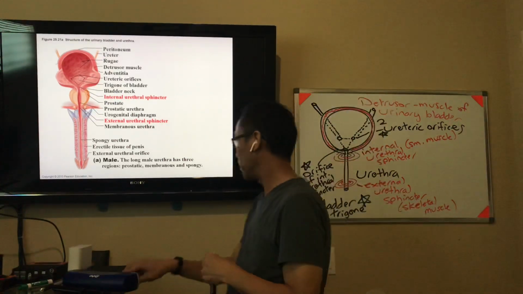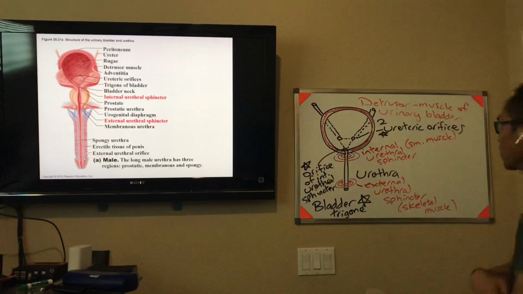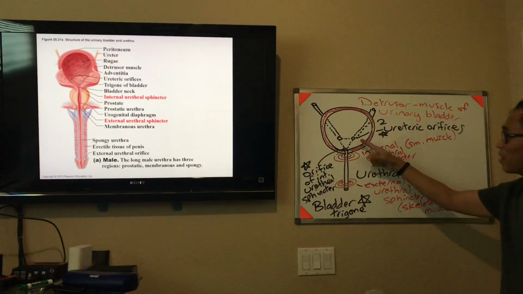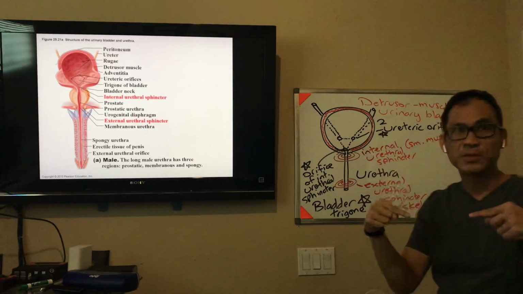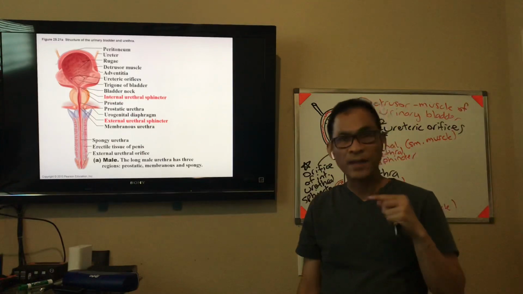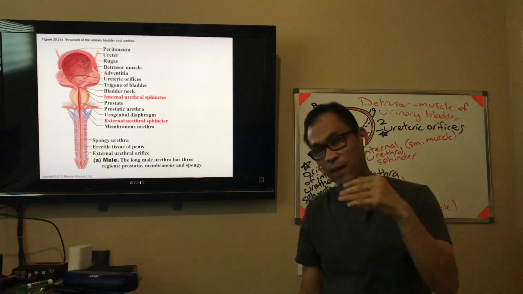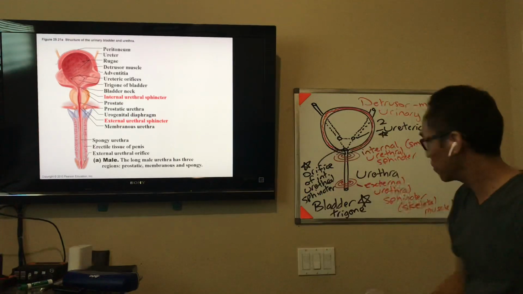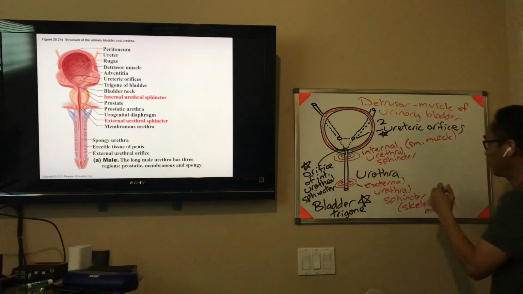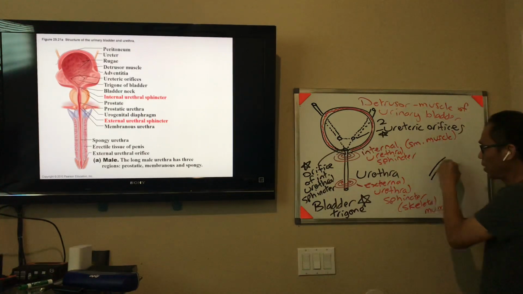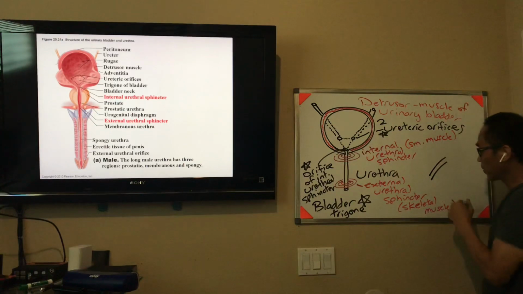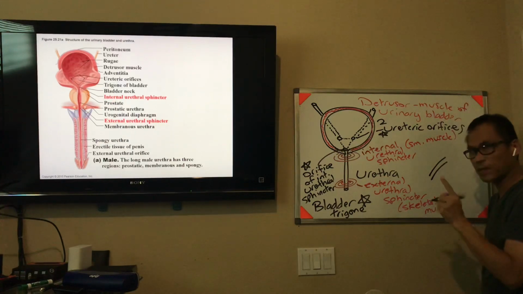Another important detail to know is that these ureters have to pierce the bladder wall, and they go through at an oblique angle. Let me show you what I mean by that. Basically, if here's a wall and you have to punch through it, it doesn't punch through at a perpendicular angle.